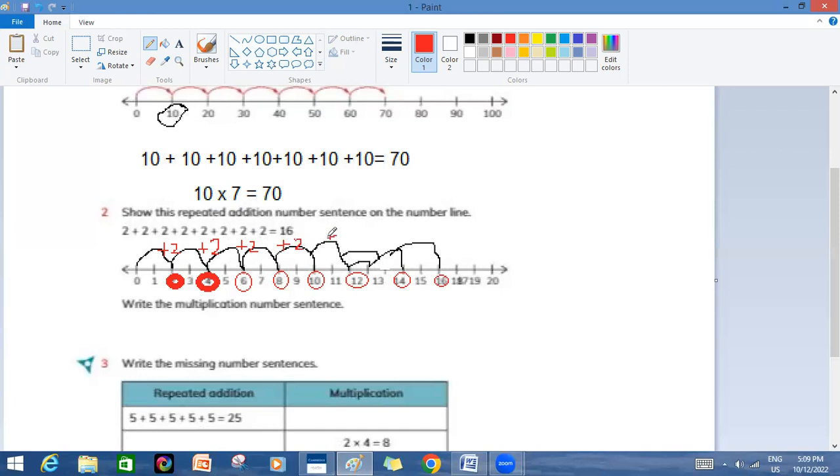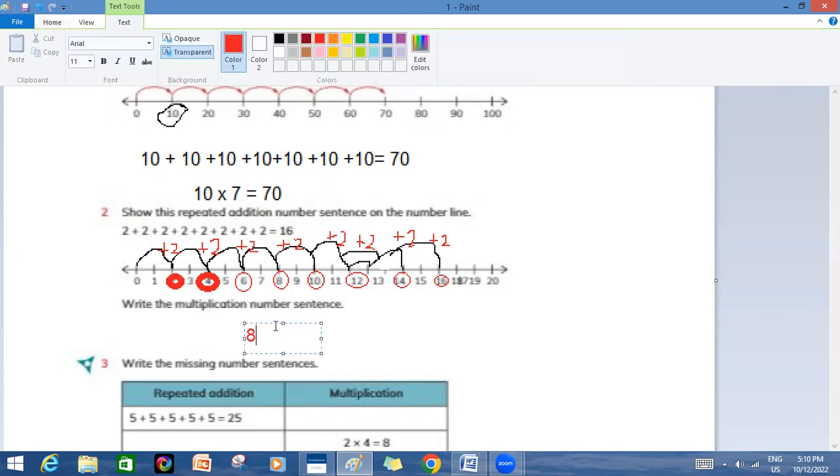So we are going to add 2 8 times to get to the 16. So what we are going to do, we are adding 2 8 times. So this is the repeated additions.